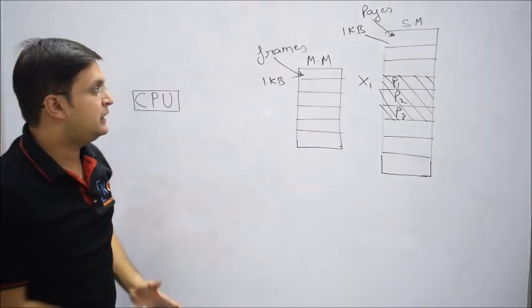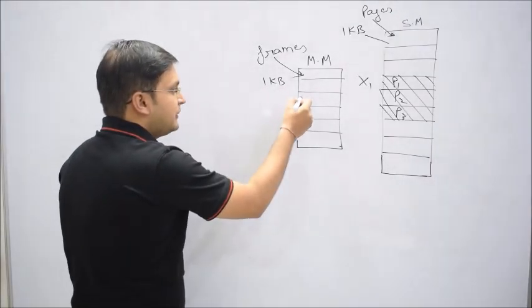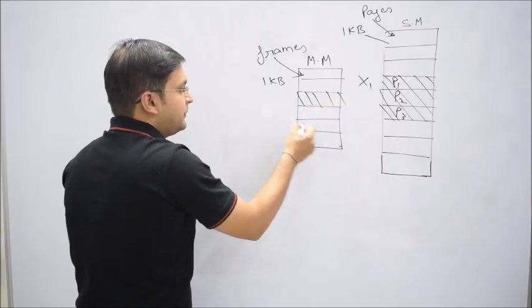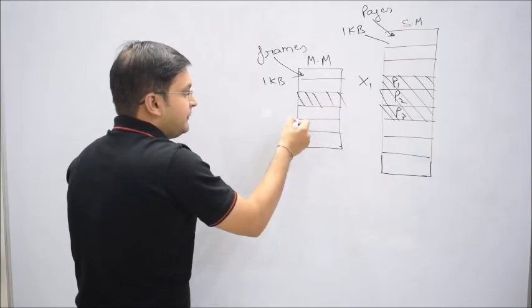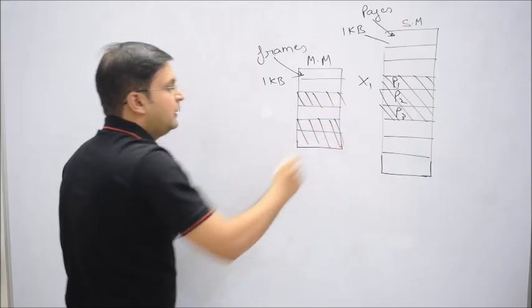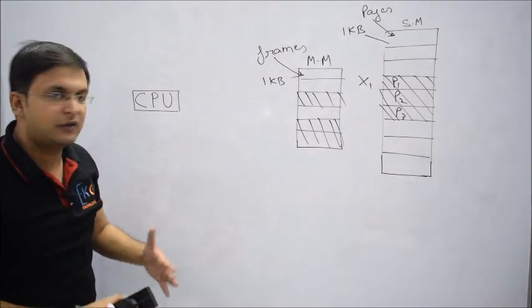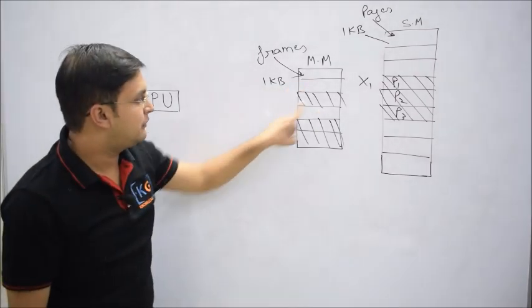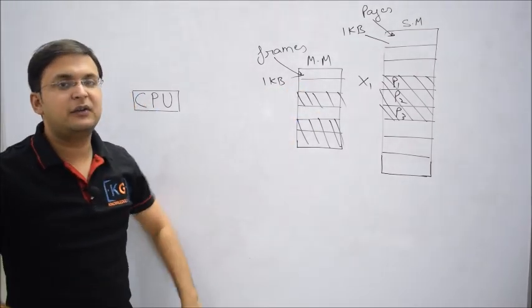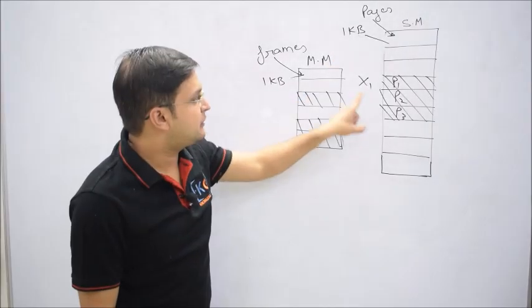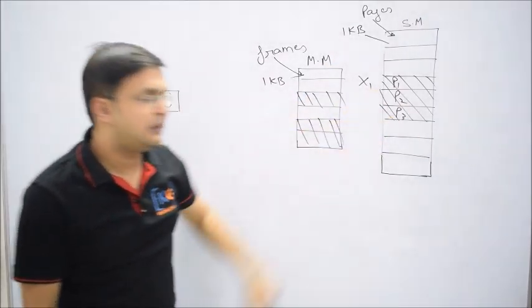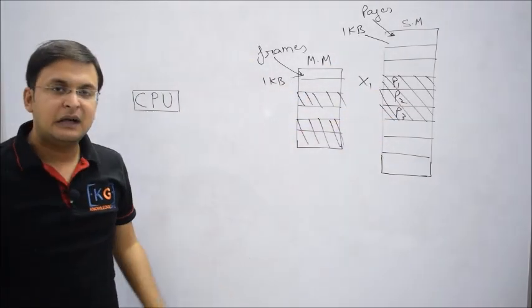So if 3 pages in secondary memory, then also 3 frames in main memory. But you see, suppose you have a scenario something like this, this is occupied, and let me say these 2 are occupied. Now let me say I have 3 empty frames, 1, 2 and 3. Now is it possible that I break this process X into these 3 partitions and use them? Answer is yes.